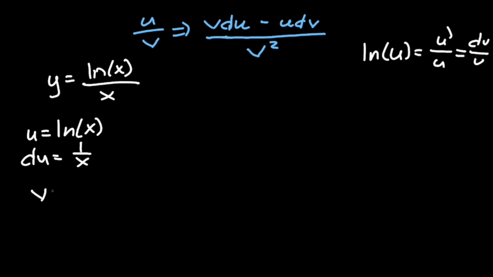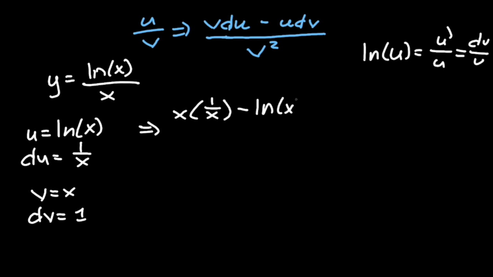Now, v here will be x, and the derivative of v, which is x, is 1. Let's plug that into the formula and we will get x multiplied by du, which is 1 over x, minus u, which will be ln of x, multiplied by the derivative of v, which is 1, over v squared, which will be x raised to the power of 2.